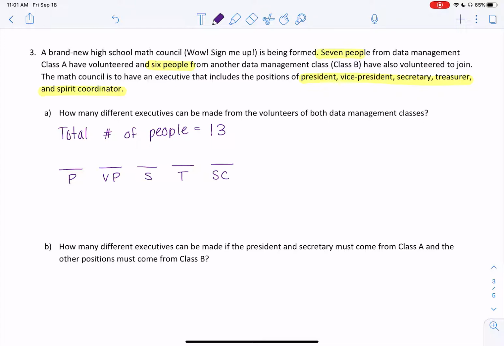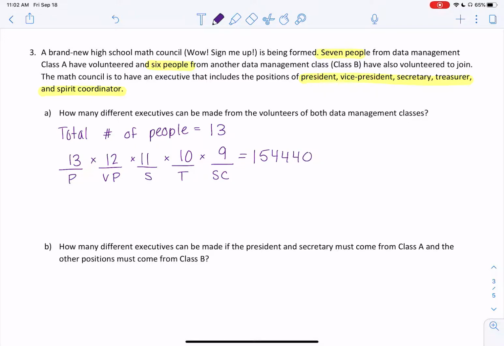So for president, I would have 13 choices. Then I've used up a choice, so I have 12 for VP, then 11, then 10, then 9. Again, because I have a president and a vice president and a secretary, I multiply, and then I would get 154,440.